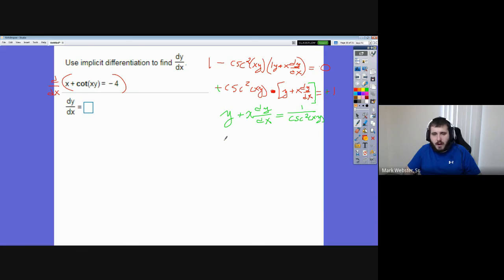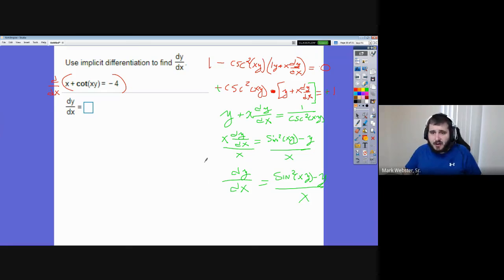I'm going to subtract y. Sine squared xy minus y. We're going to divide both sides by x. And that's it. I've finally solved for dy dx, right?